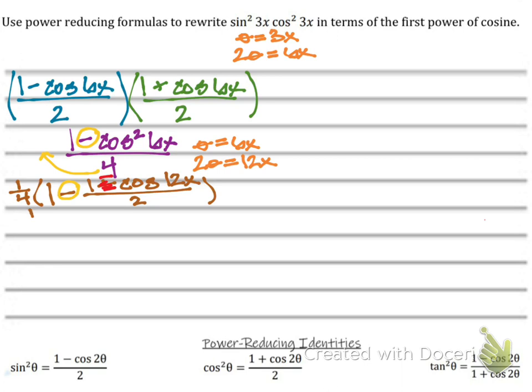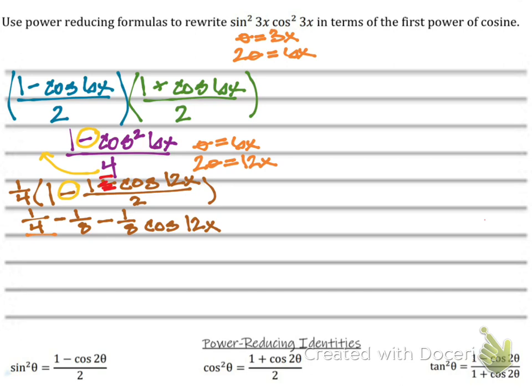And I'm going to have 1/4 times 1 is 1/4 minus the 1 over 2 gives me 1/2, right? 1/4 times 1/2 is 1/8. And then I also have a minus cosine 12x over 2, right? But when I distribute in that 1/4, that's 1/8 cosine 12x.